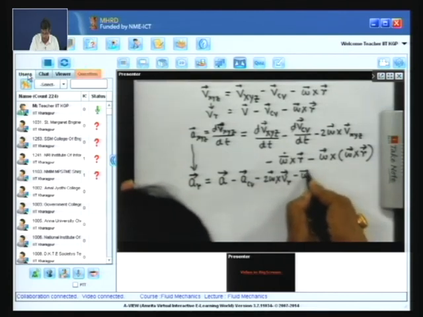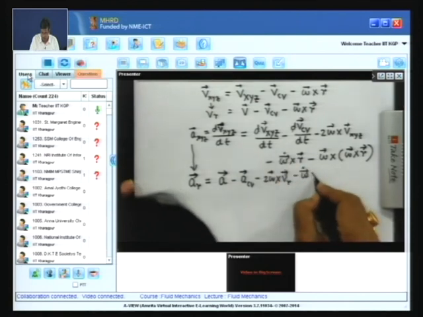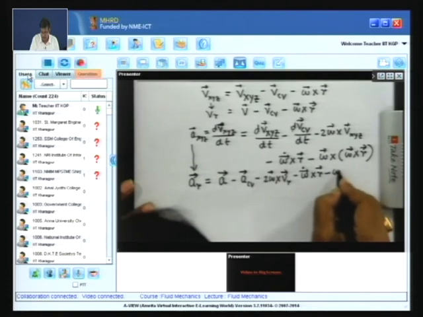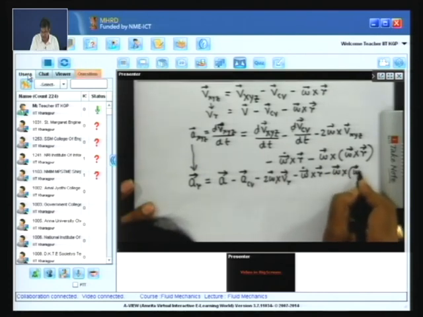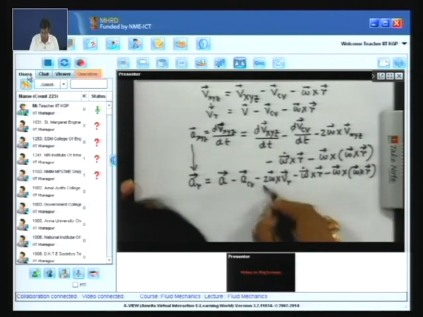Omega dot is d omega dt, the rate of change of angular velocity, and this remains as it is. Here you observe one thing: when omega is 0, all these terms are 0.